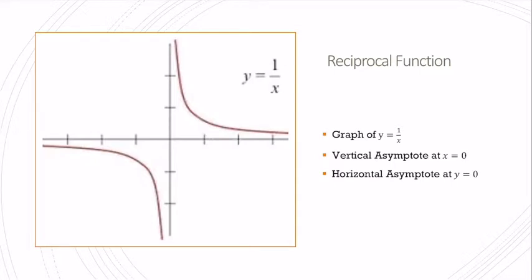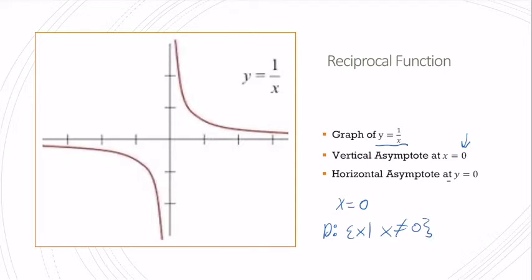One of the most familiar rational functions is the reciprocal function. This is y equals 1 over x. It has a vertical asymptote at x equals 0 because if I set my denominator equal to 0, my domain is all real numbers except 0.